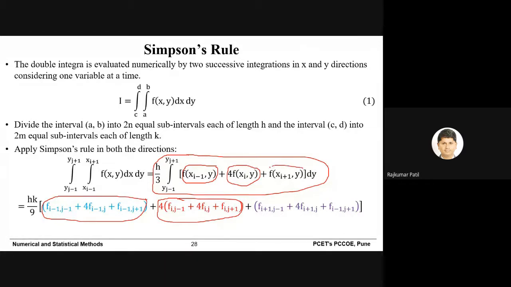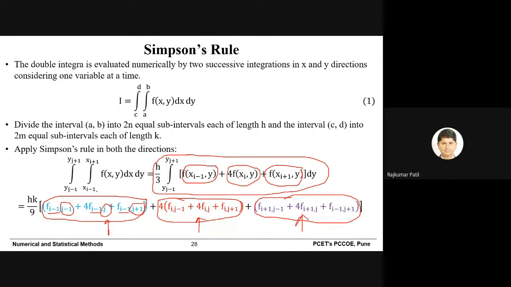And similarly, f of xi+1 y, and after double integration you will see the third part. In each part you can see we are keeping x as constant and we are varying the value of j, that is y. Similarly we did for the second part as well as the third part.